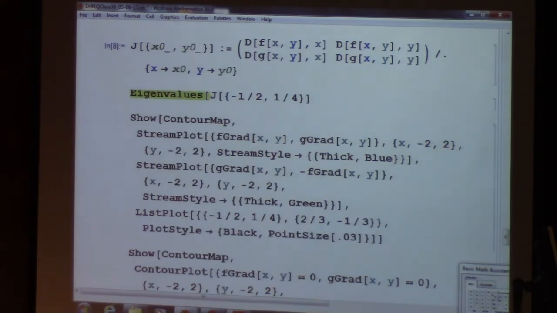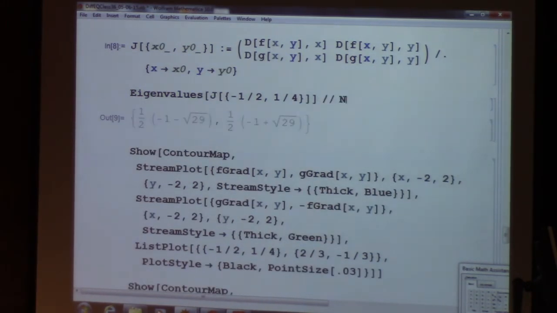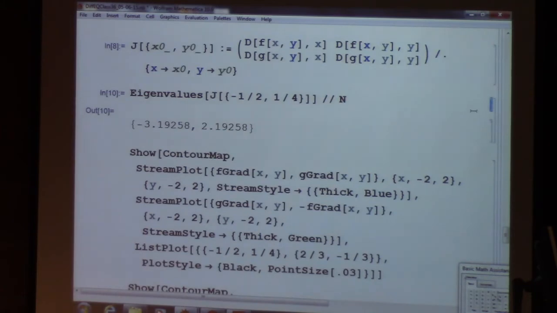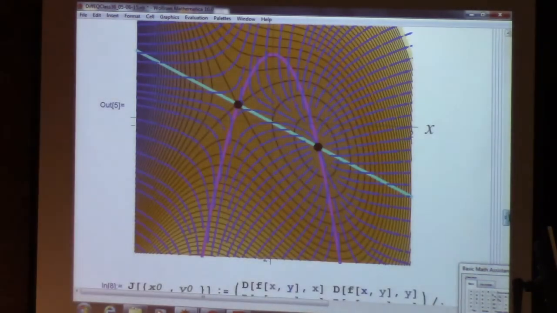We thought that point was a saddle point, so we should get 1 positive, 1 negative. Yep. And we thought the other one was a source. It didn't look like it was spiraling to me, and in fact, it can't spiral for gradient systems. It can't spiral. It's got to be a real source.